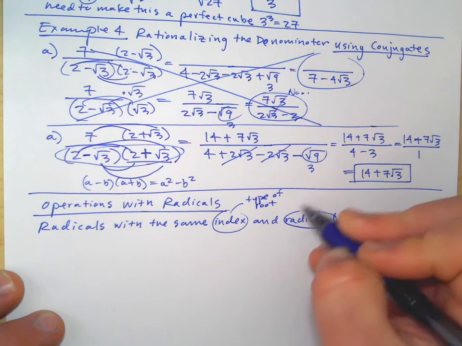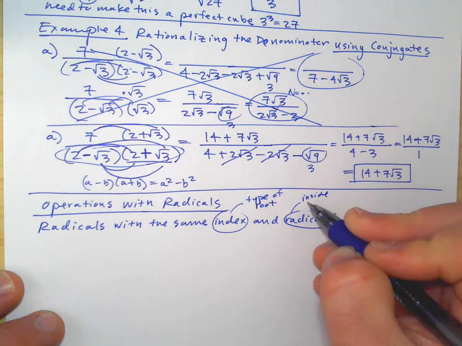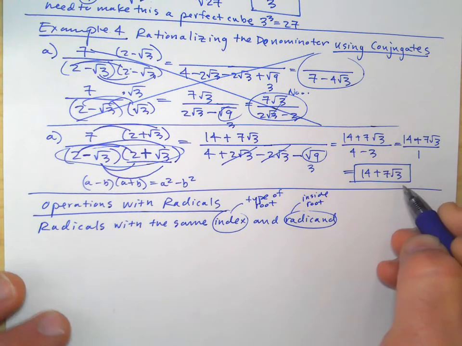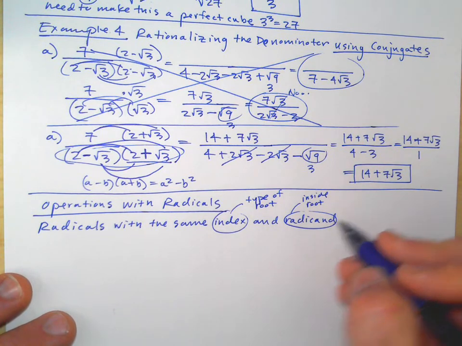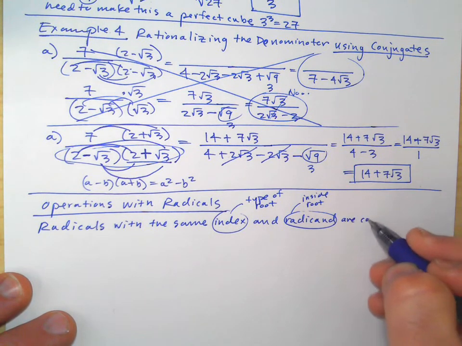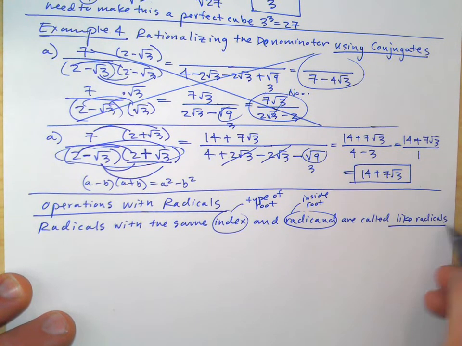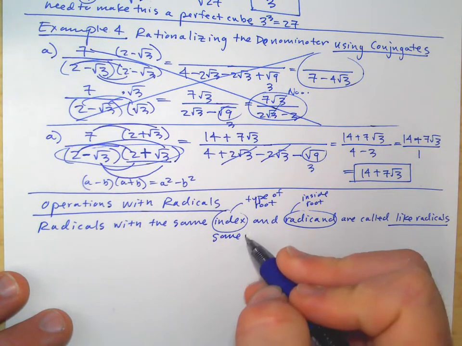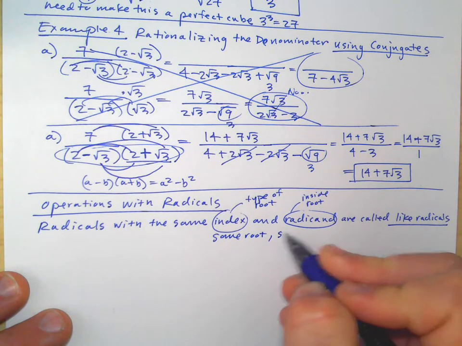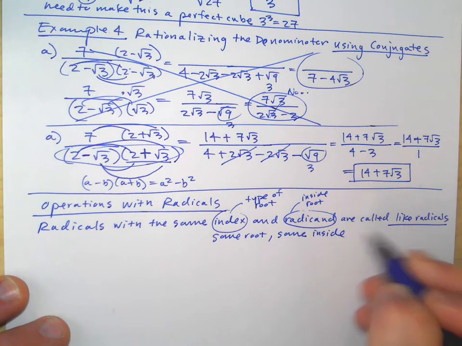The radicand is what is inside the root, inside the radical. So if they have the same kind of root with the same thing inside, those are called like radicals. They're like each other. So same root, same number inside. Then you can do stuff with those, adding, subtraction.